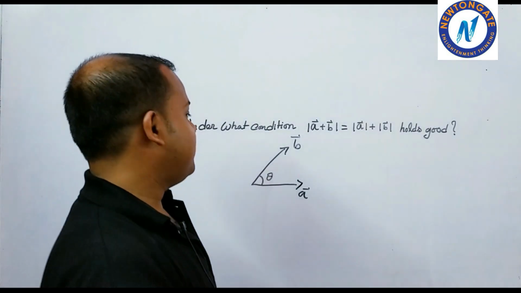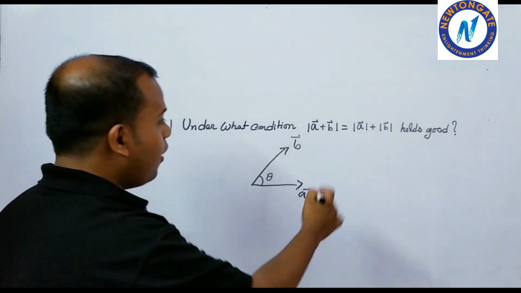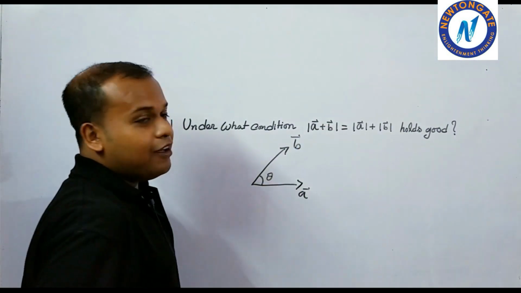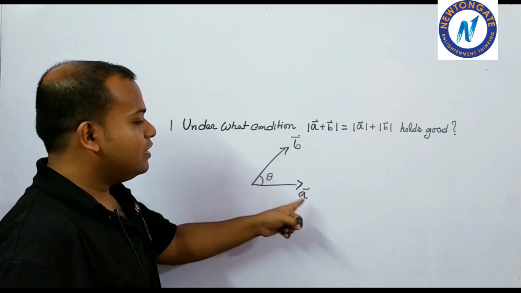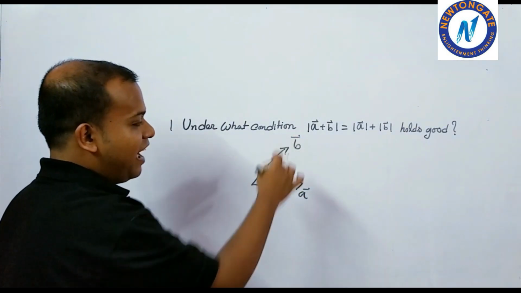between these two vectors. Now, what is the formula for the resultant of these two vectors, that is A vector and B vector?